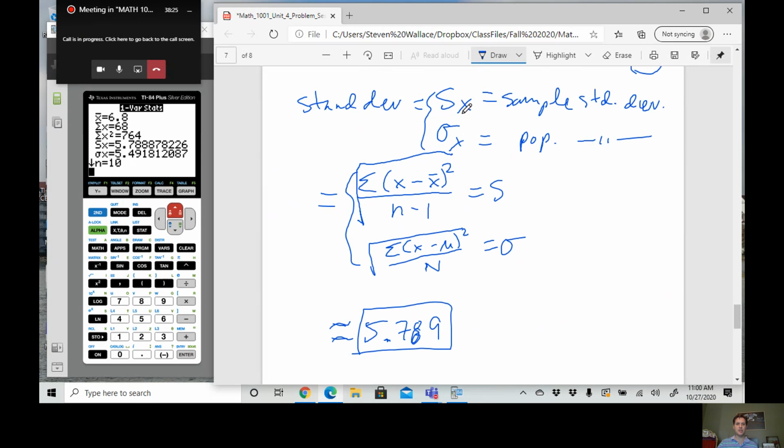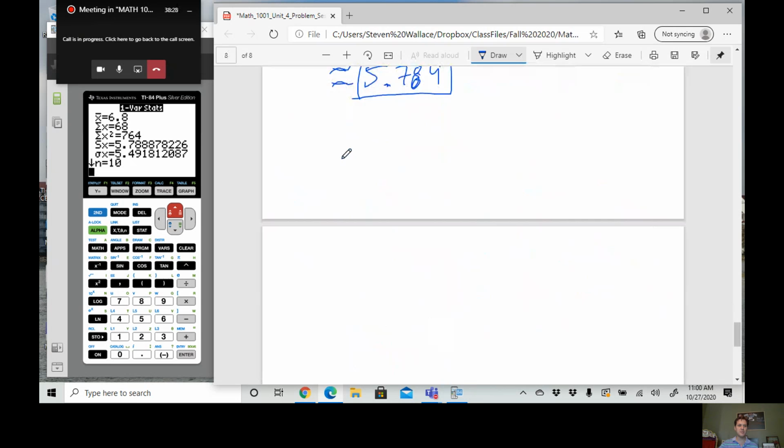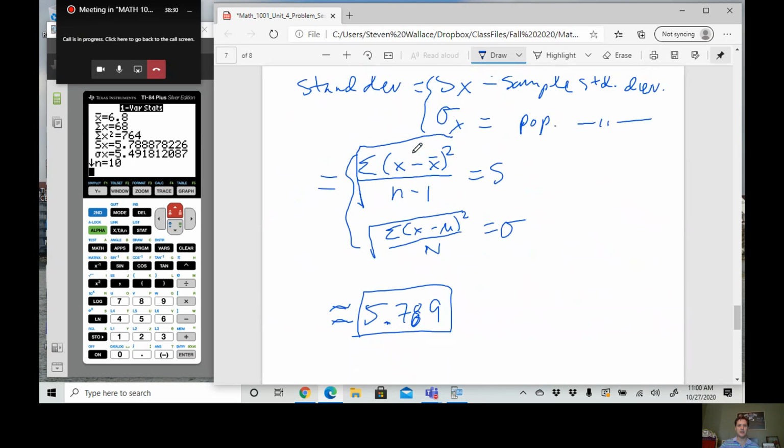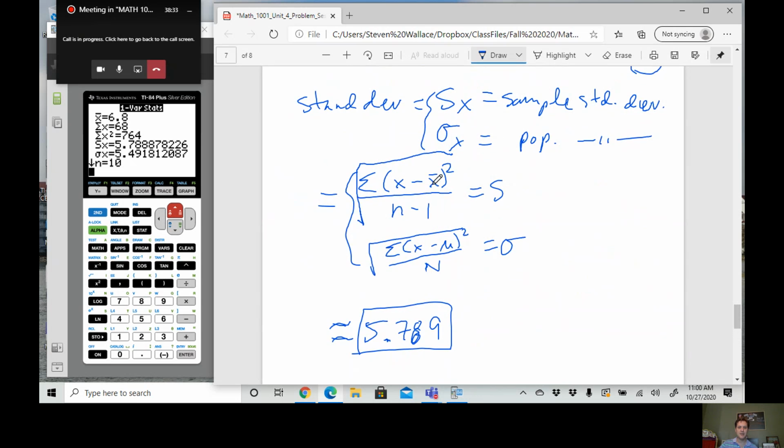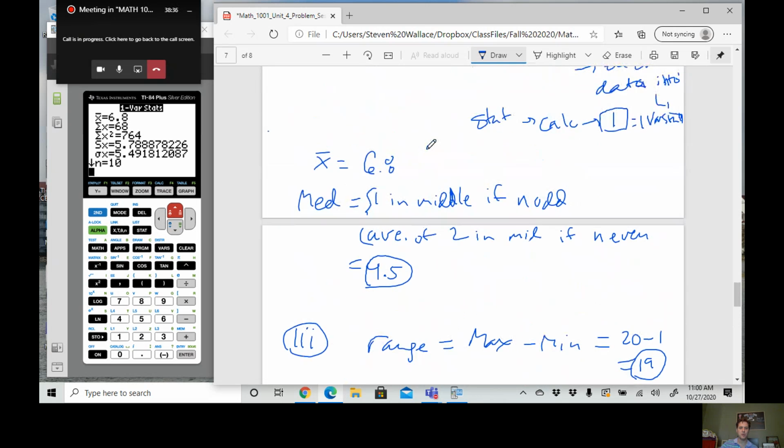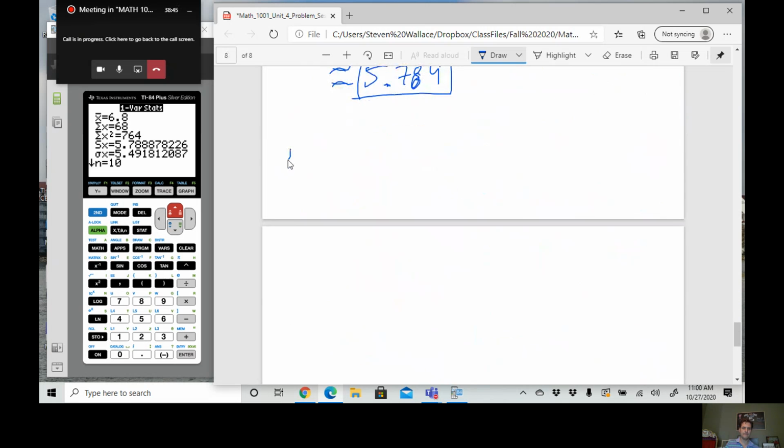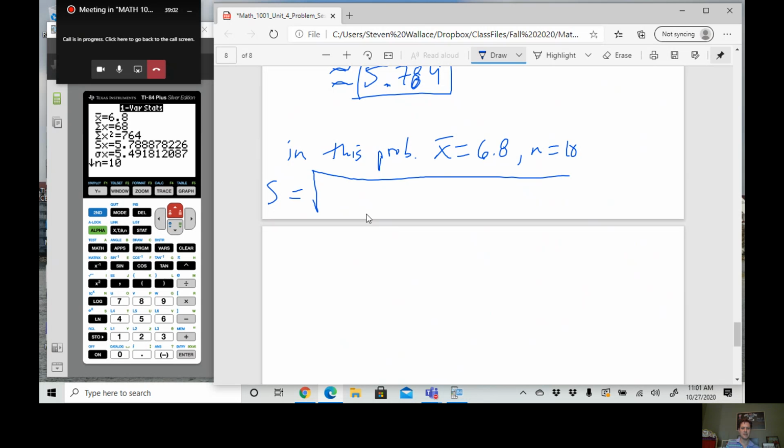I don't think you should do this by hand very often, okay? But let me show you how it works. So we know x bar is 6.8, and little n is 10. So S is the sum of all the squared deviations.